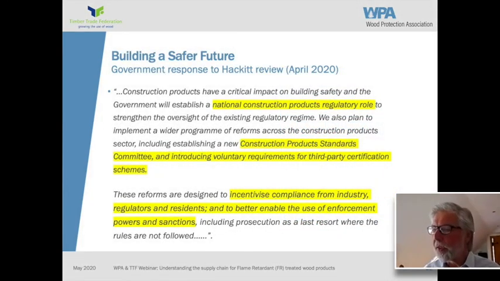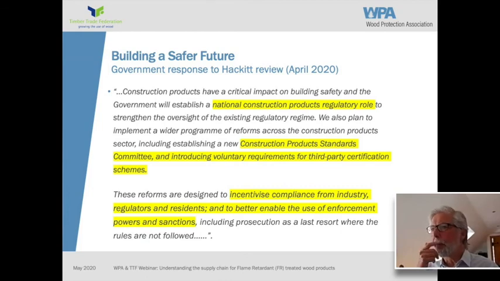So the government's considered response is to establish a new national construction products regulator, and we'll be putting more stress on third-party certification schemes and basically strengthening the existing regulatory regime and bringing in reforms across the sector.